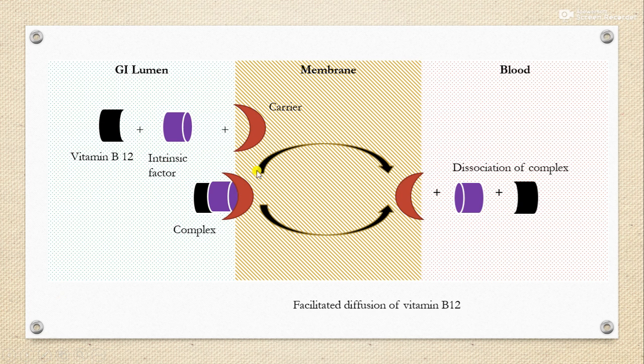The carrier will transport this complex to the other side of the membrane, and thus the complex will dissociate to give vitamin B12 in plasma. So this is a very common example of facilitated diffusion, that is absorption of vitamin B12 from the GI tract to the blood plasma.